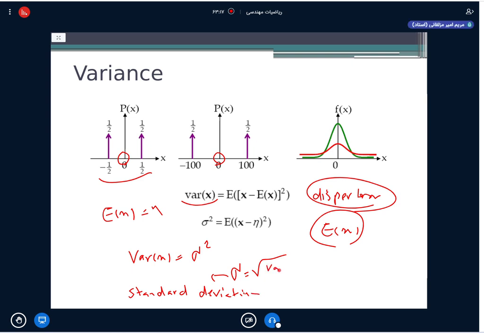So standard deviation is equal to the radical of variance of x, and variance of x is equal to standard deviation to the power of 2. Okay, so variance of x specifies the spread and dispersion of distribution around the expectation of x, around the mean of the distribution. Okay, this is the meaning of variance.